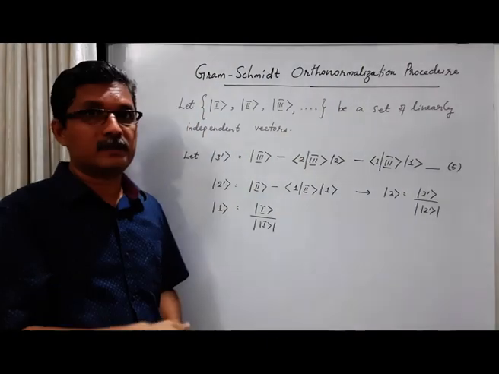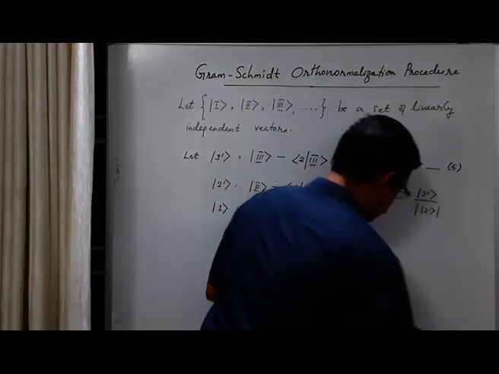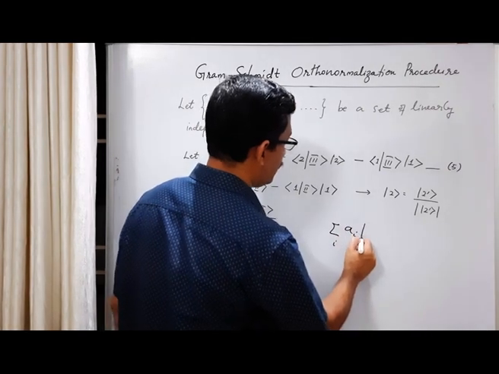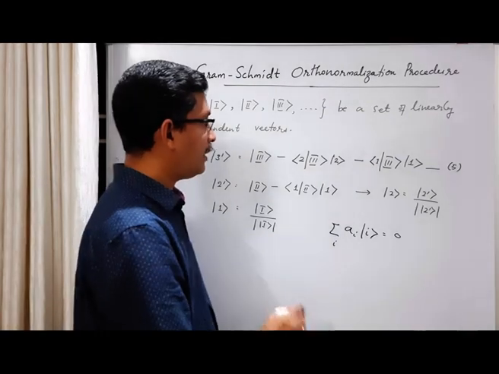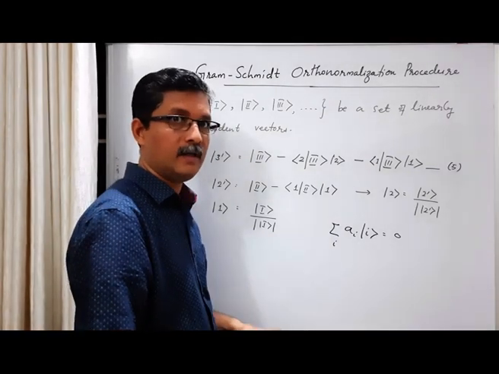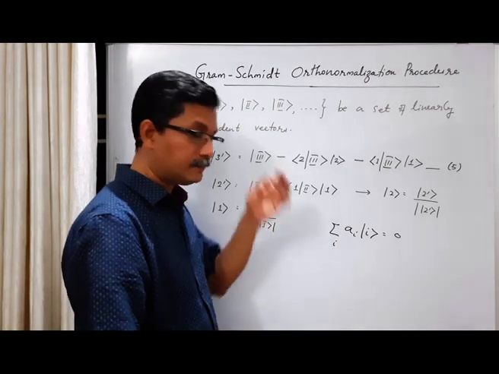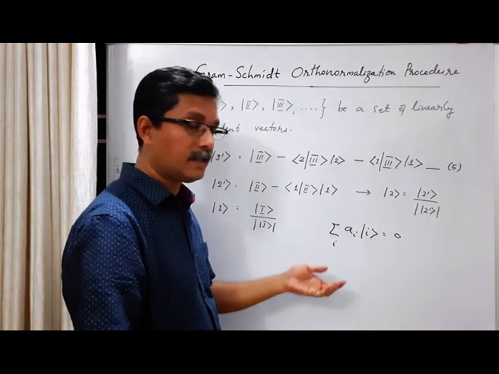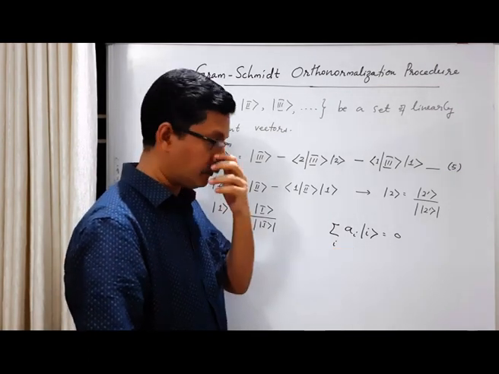That's what we have discussed in the linear independence of vectors. That means this type of linear relation, summation over i, ai ket i equal to 0, cannot happen for a set of linearly independent vectors like ket 1, ket 2, ket 3, etc., ket n. Or in other words, such a linear relation can happen only for the trivial case that all the ai coefficients are 0.